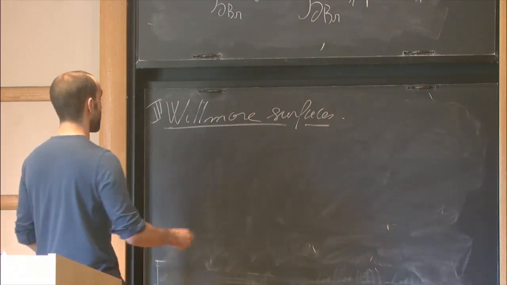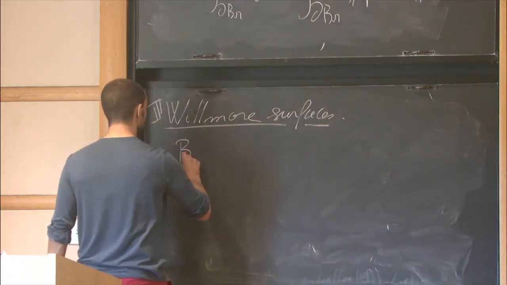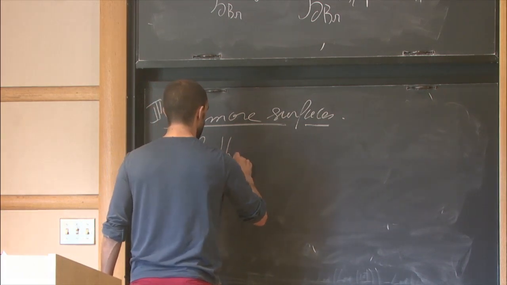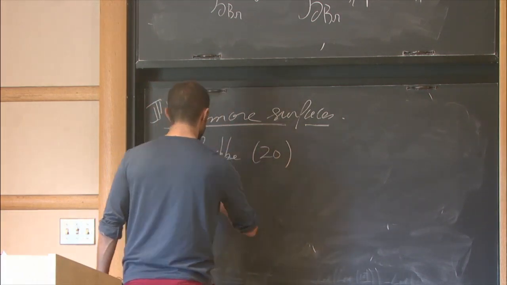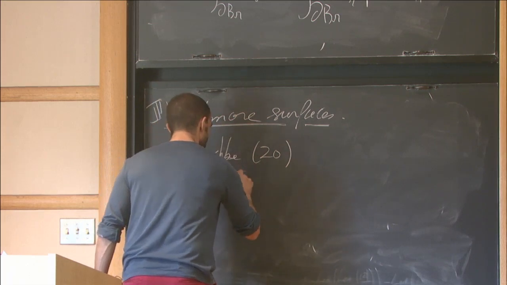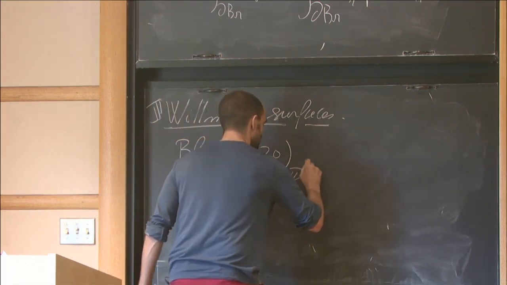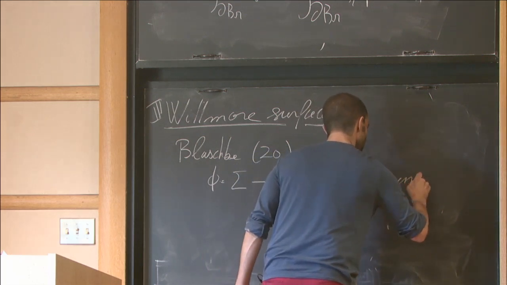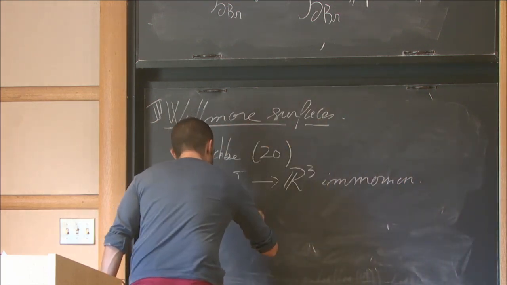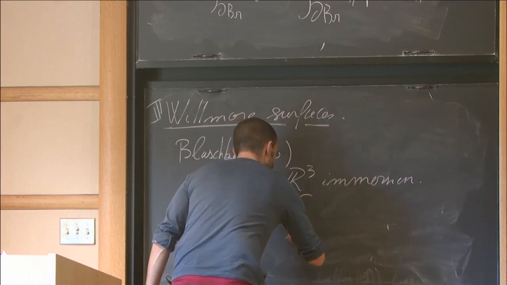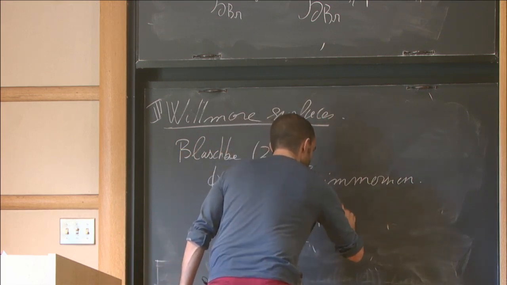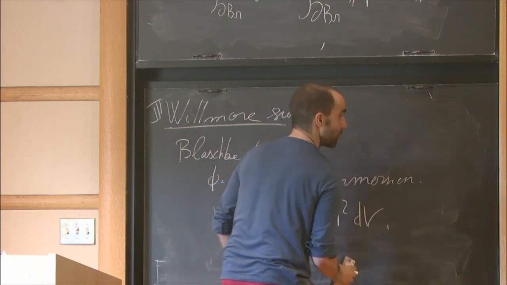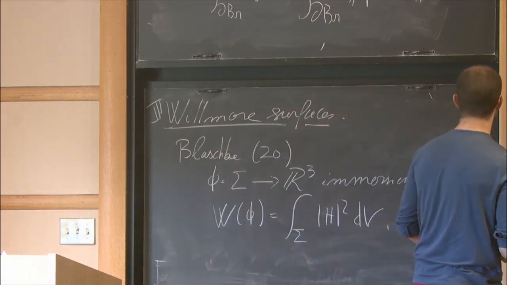So you try to minimize it globally, and for this you look at the following functional introduced by Blaschke in the 20s. So if phi is an immersion, then you look at W(phi) equals the integral over sigma of H squared dv. I will justify this choice in a second.